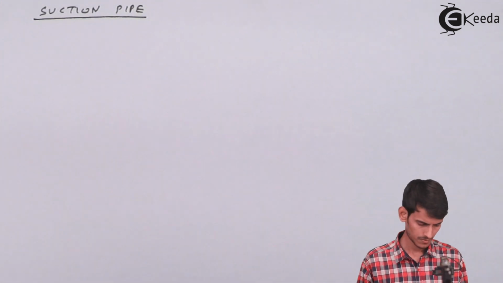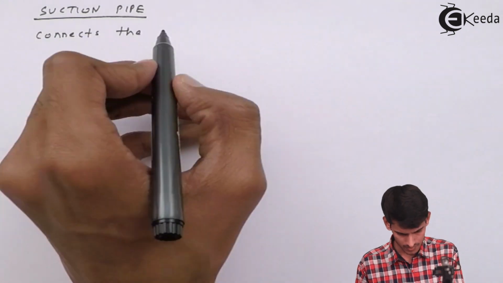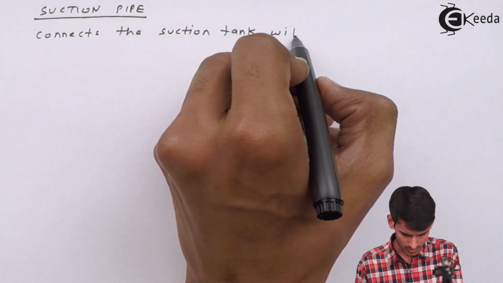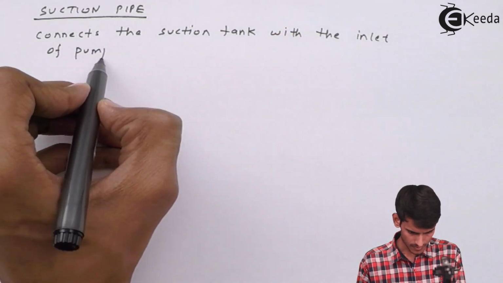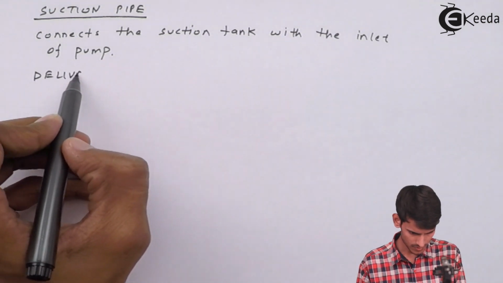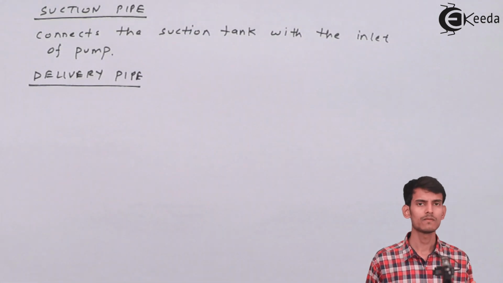So let me write it down. The delivery pipe connects the outlet of the pump with the delivery tank.